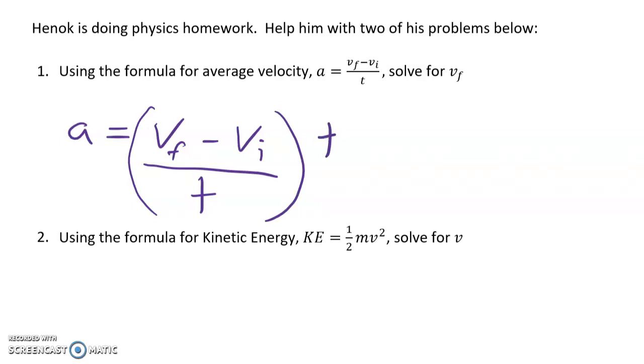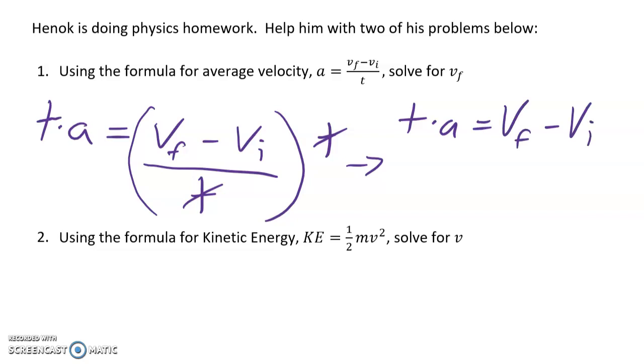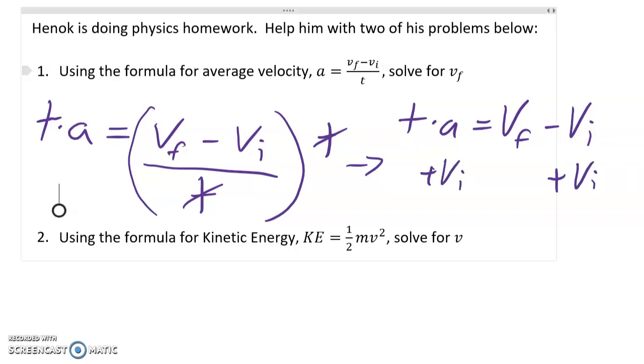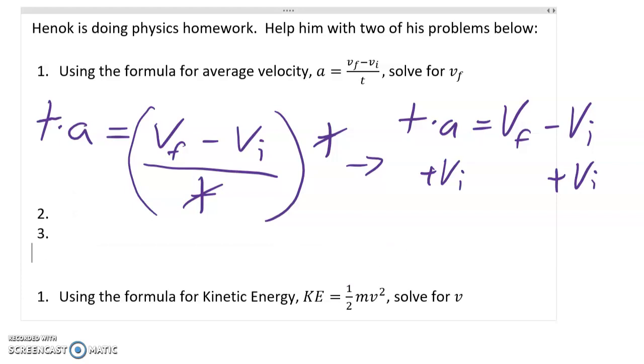So I'm going to multiply both sides by t. That'll cross this t out. And now I've got t times a is equal to v sub f minus v sub i. Now I would add v sub i to both sides.